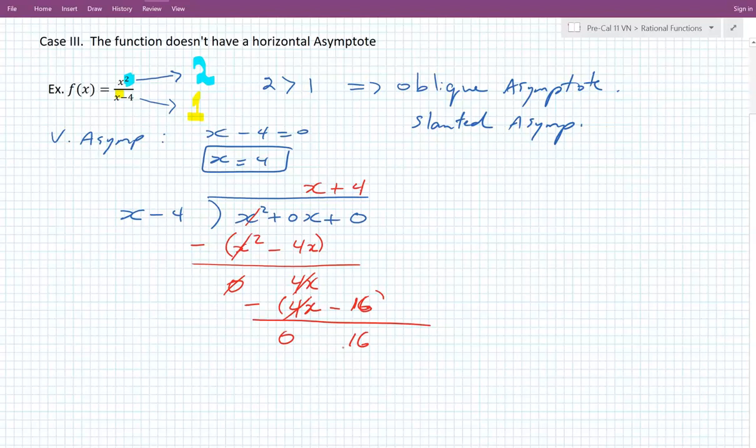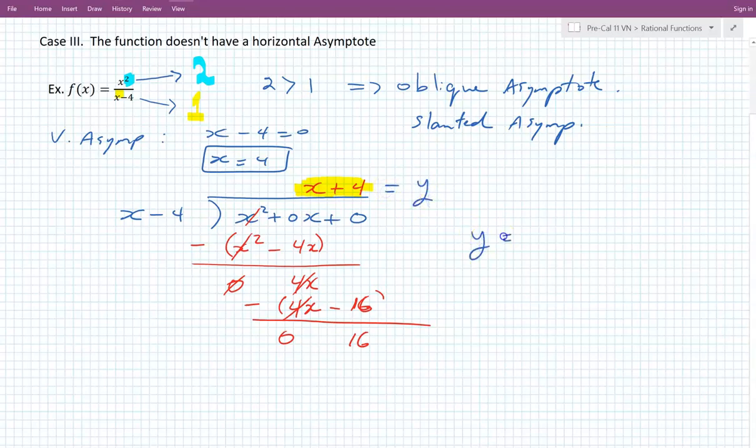All right, now here is the deal. The quotient, which is x plus 4, is the equation of your oblique asymptote.